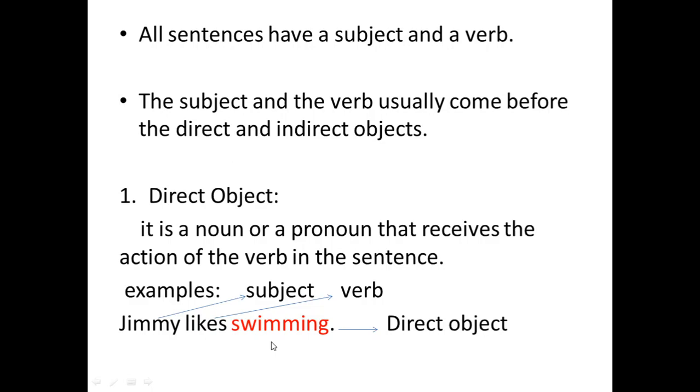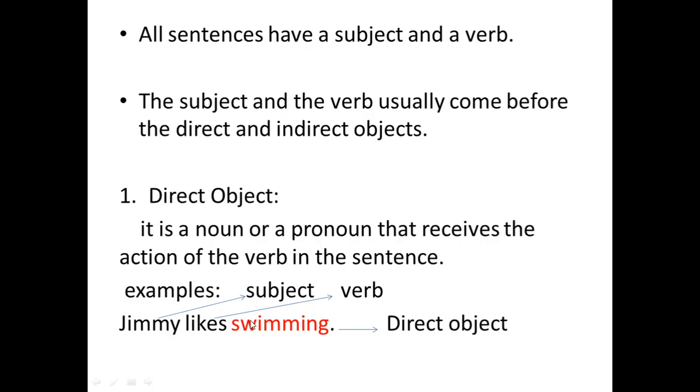It's simple. So the question will go like, what does Jimmy like? Or you can say, Jimmy likes what? Jimmy likes swimming, right? So swimming is the direct object because swimming receives the action of the verb likes.